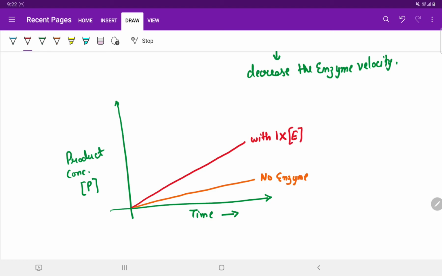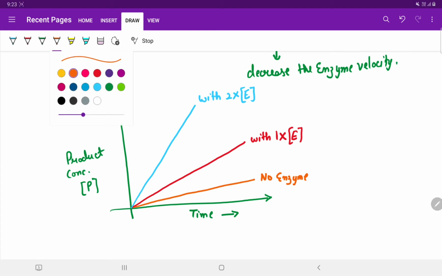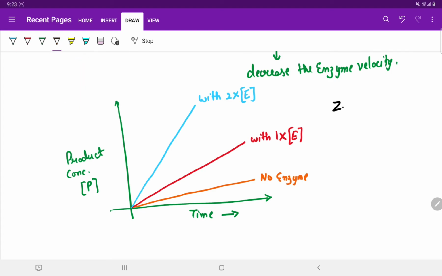Now, if the concentration of enzyme is doubled, the rate of reaction bumps up and shows a very sharp increase just by doubling the concentration of enzymes, and the product concentration effects are like this, and this is for zero order reactions only. So, do not get confused by this, I am just representing it graphically here.